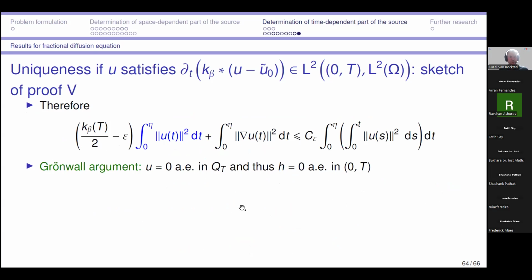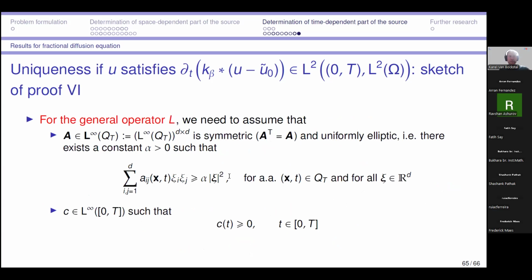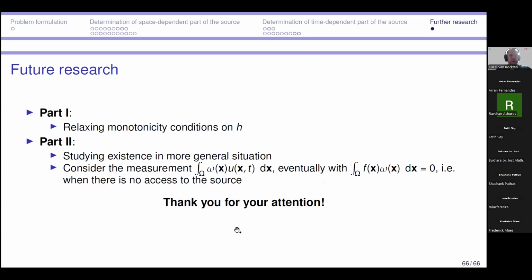So I will conclude the presentation. When you have this condition, only L2, only C should be positive instead of strictly positive, still time dependent, but still there's some room for improvement in part 2.